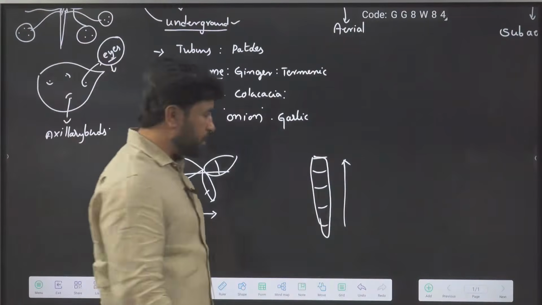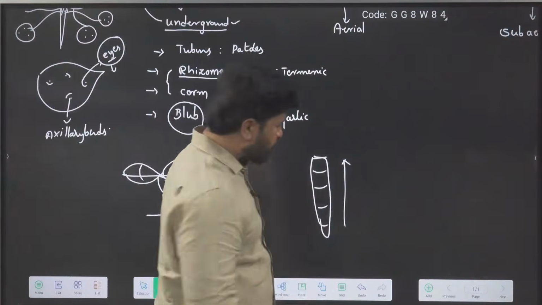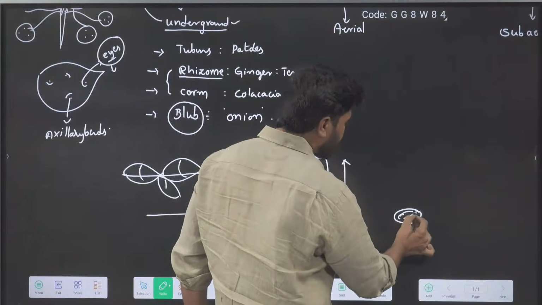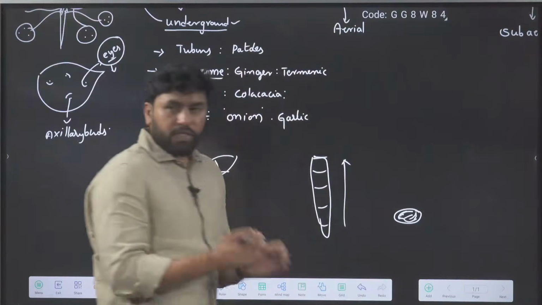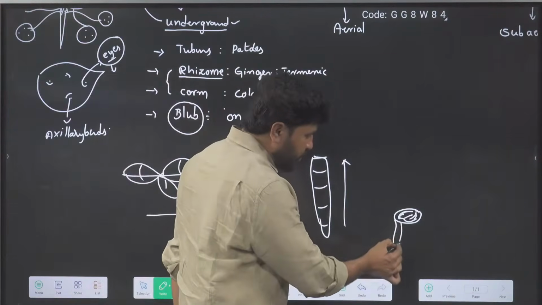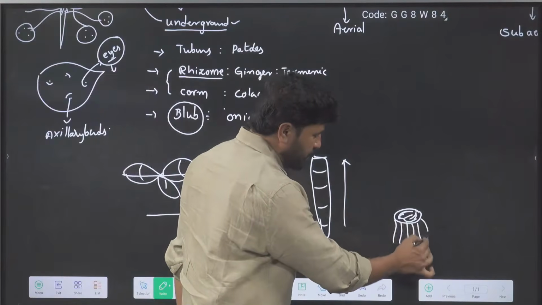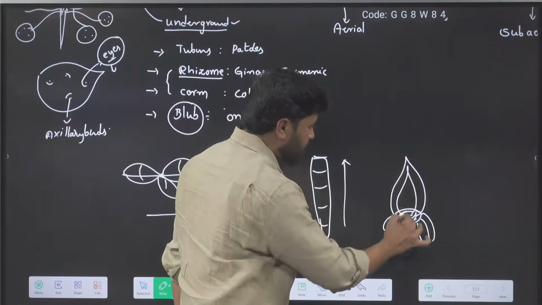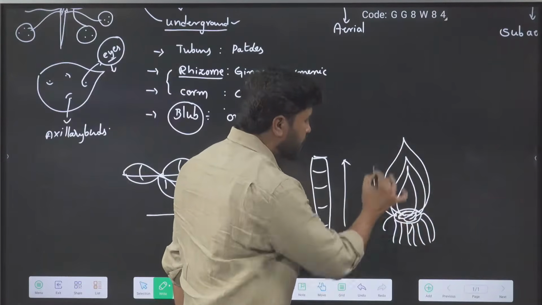What do you mean by this? What is a bulb first of all? Bulb is a concised stem, a stem which is highly concised. Below it, it produces fibrous roots. Above it, it produces leafy bases.